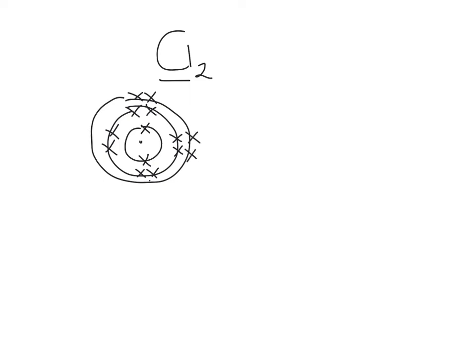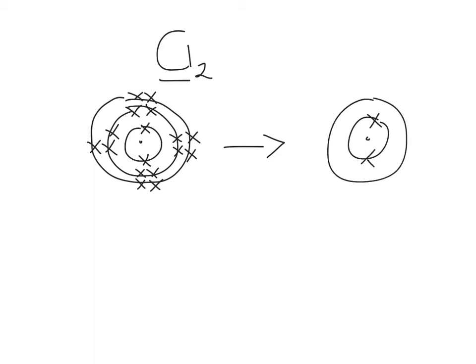Now if I were to ask you to convert that atom of chlorine into an ion, you would all tell me that that atom of chlorine needs to gain an electron. So if I quickly draw it, it will gain an electron to form a chloride ion.